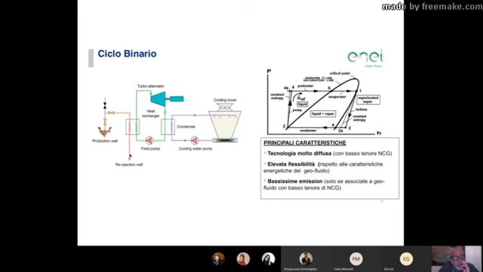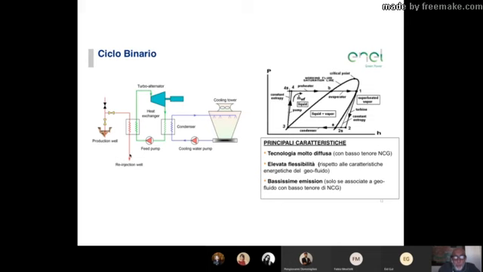And I'm going to tell you a few numbers. Now, to run, I think we discussed this the day before yesterday, a 20 megawatts geothermal power plant flash uses 130 tons of geothermal water per hour.